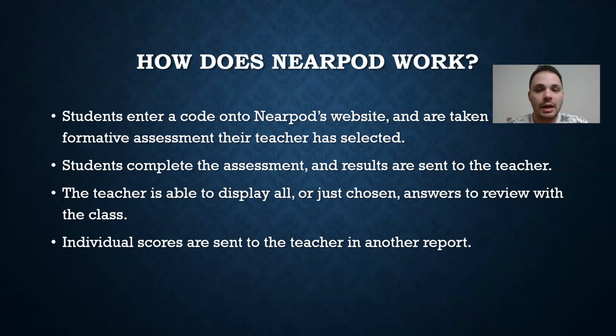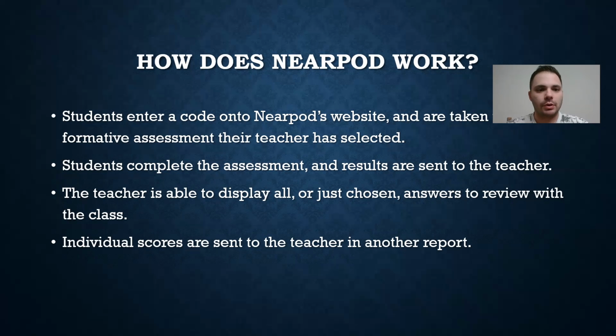The teacher is able to display all of the answers for an opinion question or for an open-ended poll question. They're able to choose specific answers that they want to go over if they're going over answers to a quiz and they want to demonstrate strong answers versus answers that require areas of improvement. And then when the teacher is ready, individual scores are sent to the teacher for them to review in another report.